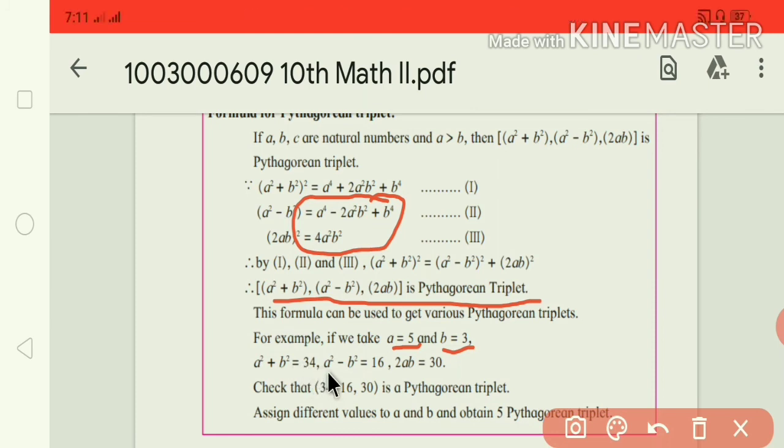In this manner, again a square minus b square is equal to 16 and twice ab is equal to 30, after substituting the values a equal to 5 and b equal to 3.